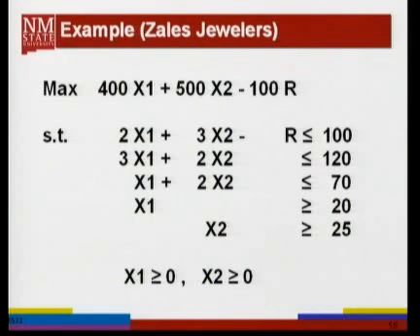Okay. Actually, this is the complete LP formulation for this problem. Let's see how we got this formulation. The primary decision is how many of each type of ring should be produced, right?